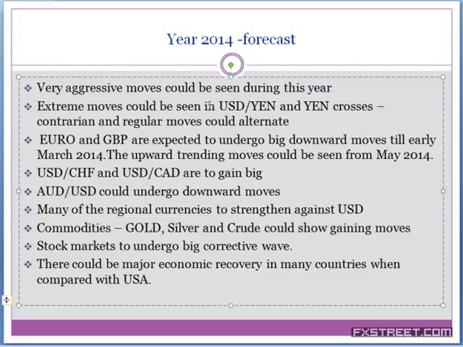So normally you come across regional currencies like the Indian rupee, then dollar, and Mexican peso and things like that. Such currencies have weakened against the US dollar, and they are expected to strengthen from this year, 2014. Then with regard to the commodity markets, gold, silver, and crude could show gaining moves.